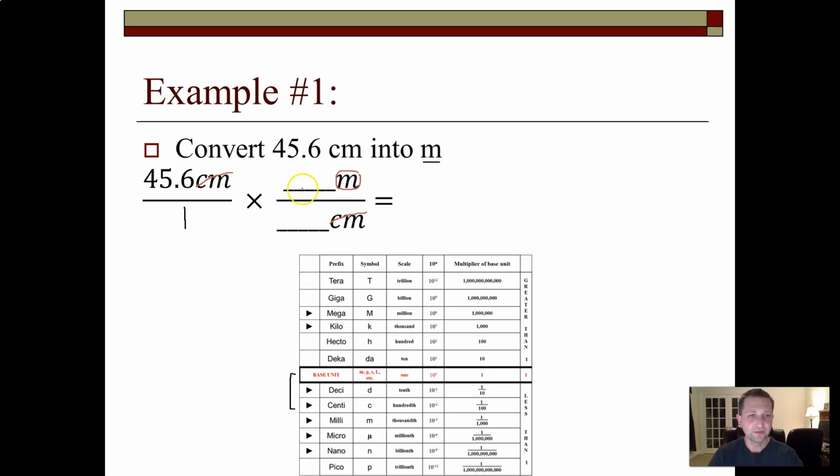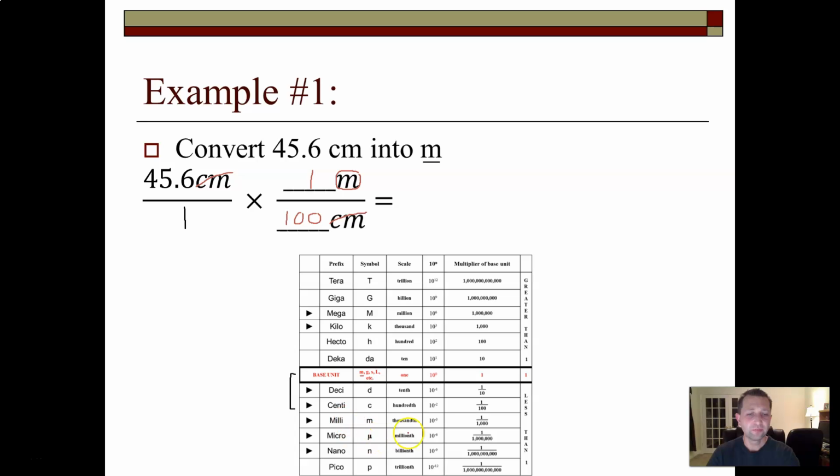So now what do I want to do? I want to put numbers in here, right? The numbers I'm going to put in there are based on this metric prefix chart that you guys have. So in 1 meter, remember I like working in whole numbers, you have 100 centimeters because a centimeter is 1/100th of a meter. So if you have 100 of them, that's 1 meter. 1 meter, 100 centimeters.